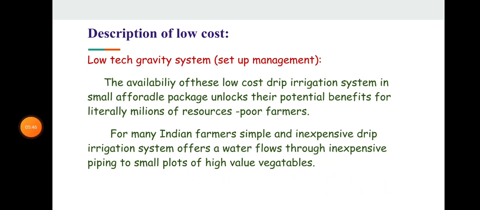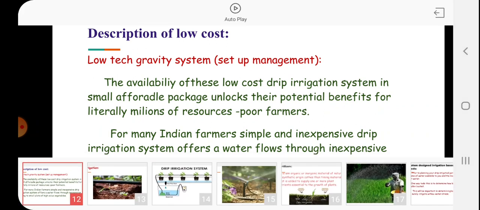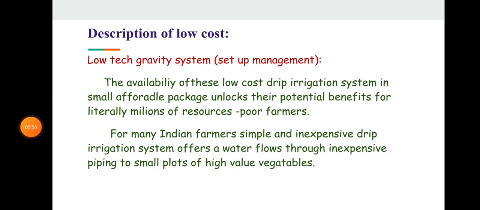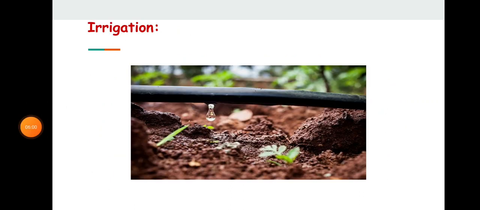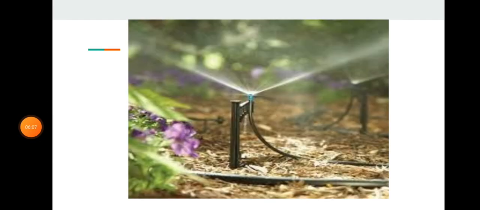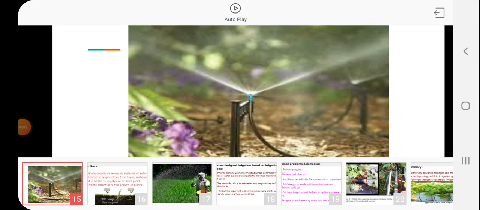The low cost drip system is likely to be widely adopted by small farmers in semi-arid and hilly regions. And here are some pictures. You can see the process of drip irrigation and how it works, how the plants are growing well.